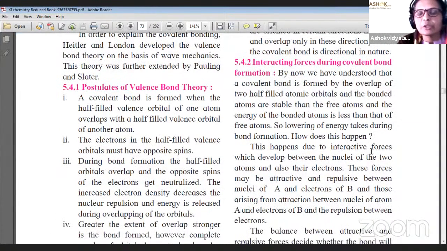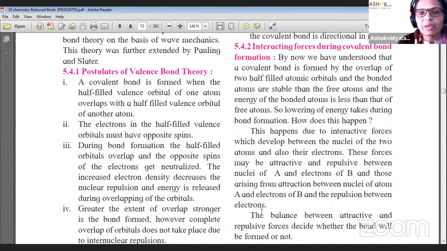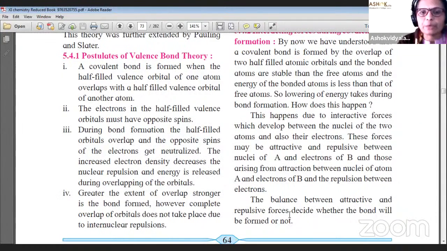This happens due to the interacting forces which develop between the nuclei of two atoms and also their electrons. These forces may be attractive and repulsive: those arising from the attraction between the nucleus of atom A and the electrons of atom B, and the repulsion between the electrons.